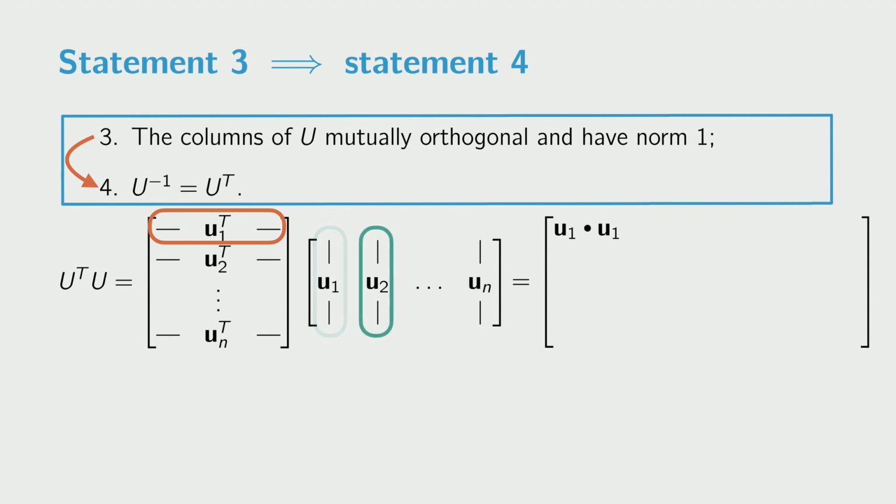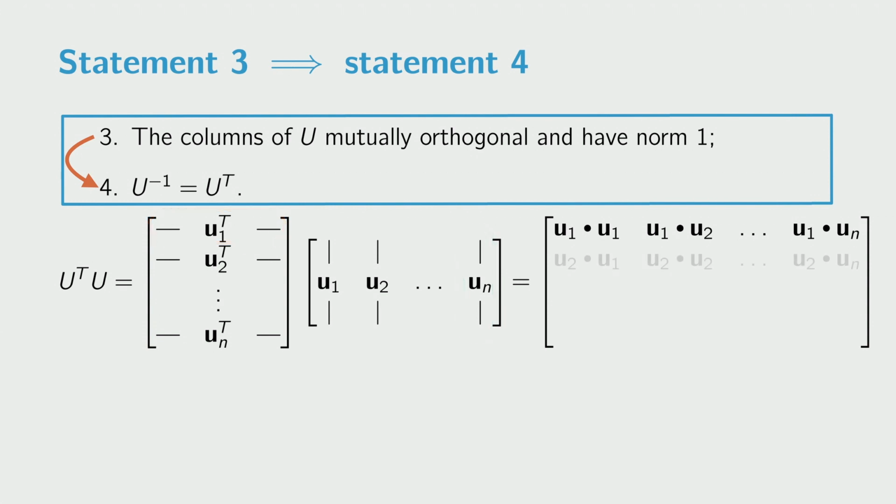The second element in the first row is the dot product of u1 with u2. And continuing, you find that the last element in the first row is the dot product of u1 with un. We can continue with the other rows. You see that the product matrix consists of dot products of the columns of U.